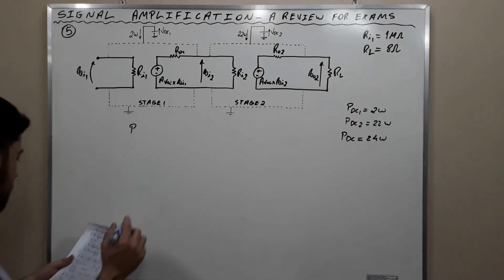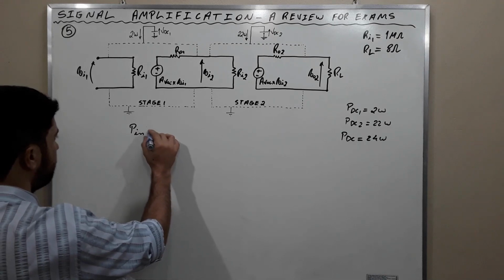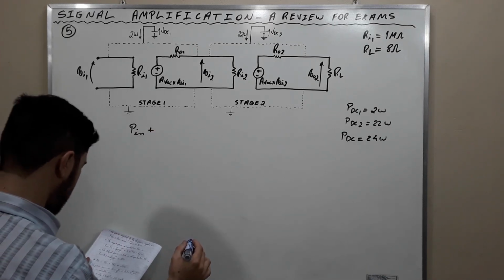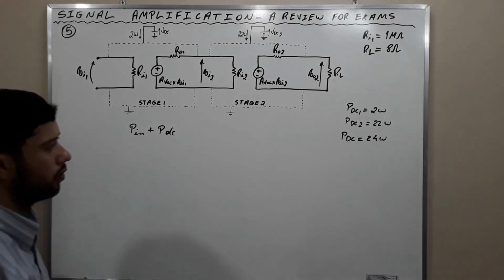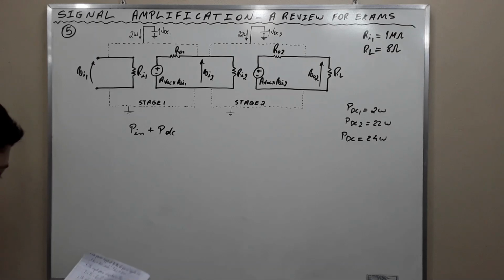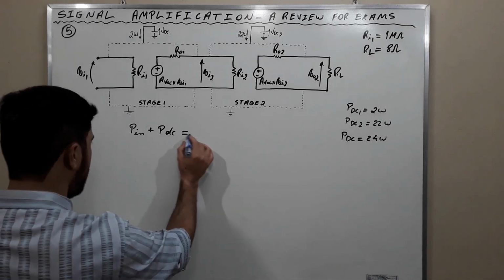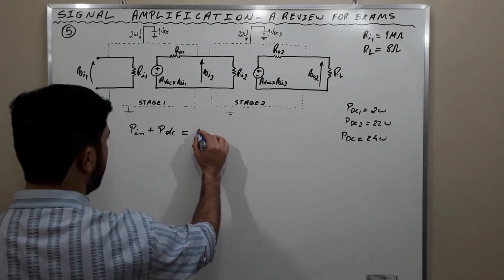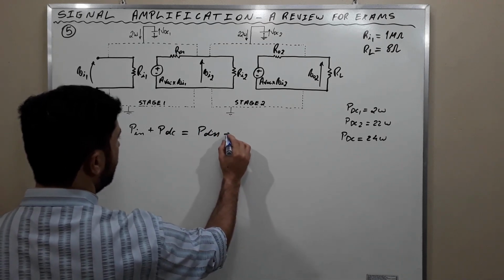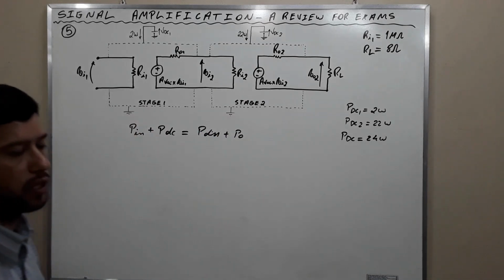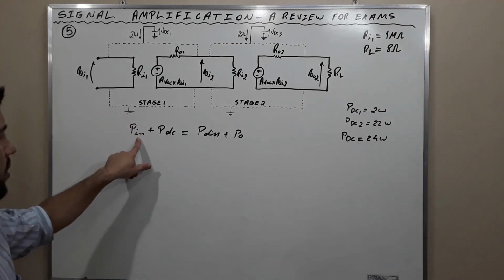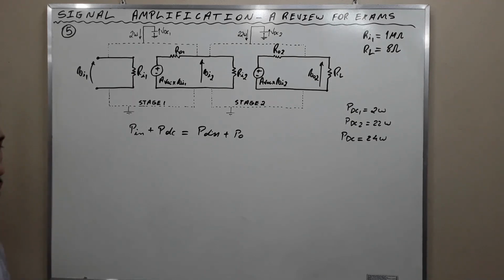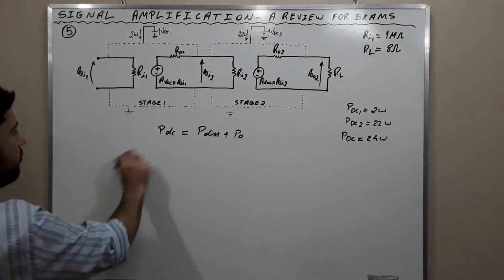The power in plus the powers supplied by the DC sources have to be equal to the dissipated power plus the power delivered to the load element, which is the output power. But since the input power is extremely small, we are not going to consider it. It's irrelevant.